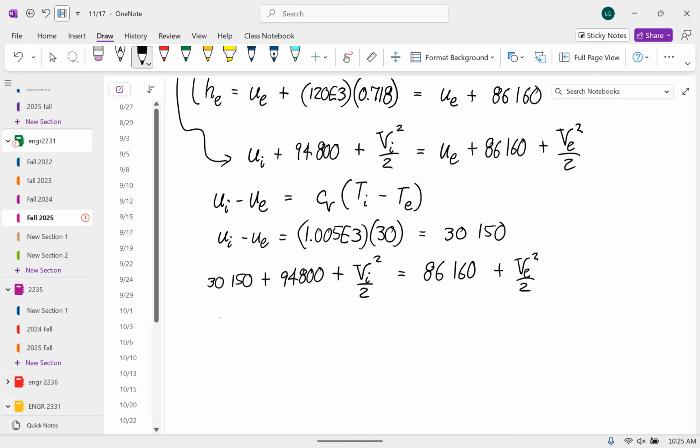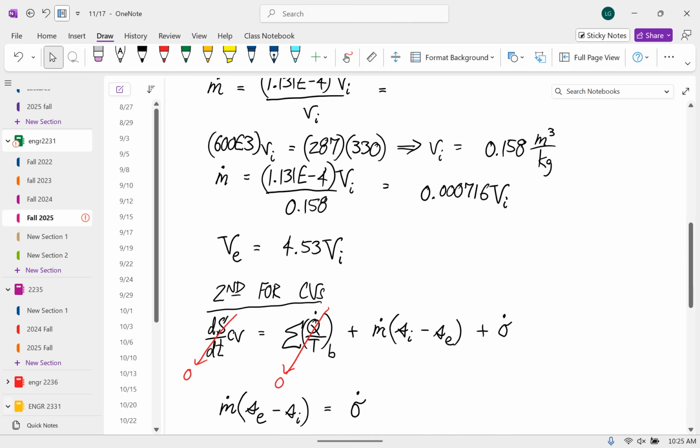Okay, so with a little simplifying, we get 77,580 plus Vi squared is equal to Ve squared.